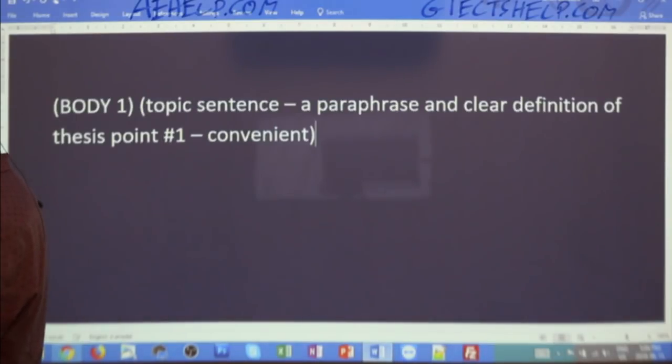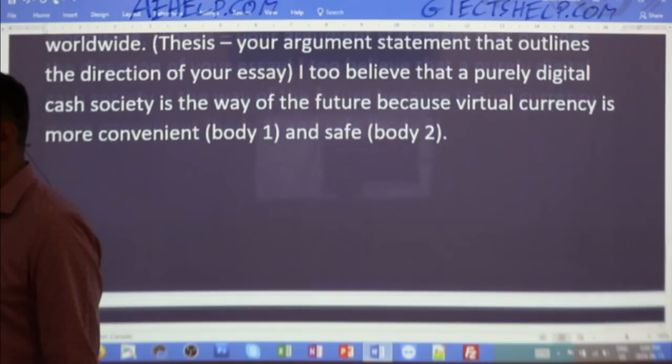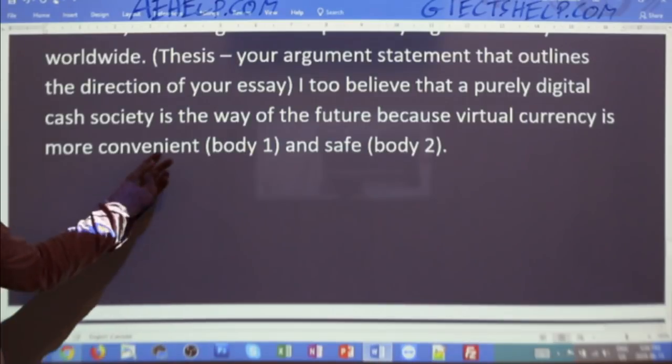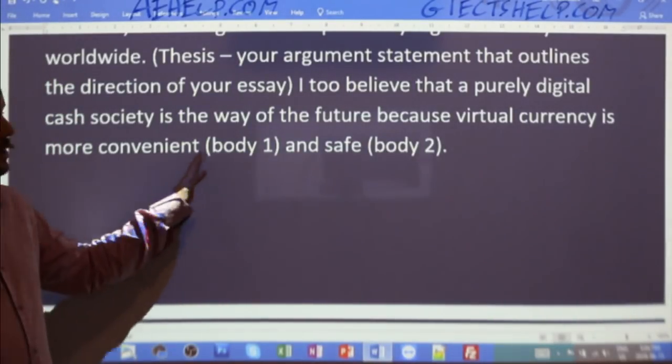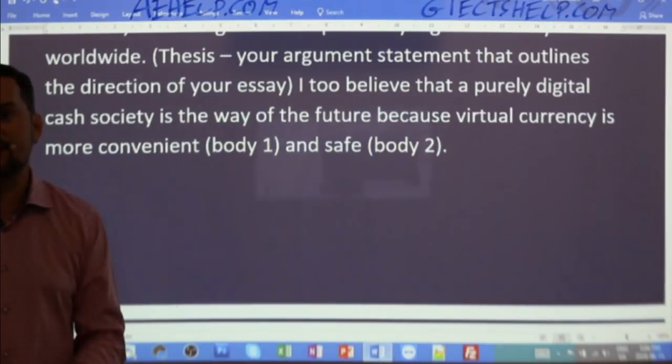Okay, and this is why it's important to write a direct thesis where we can see your 2 points. If you're writing a 5-body paragraph essay, you might want to have 3 points in there, okay?